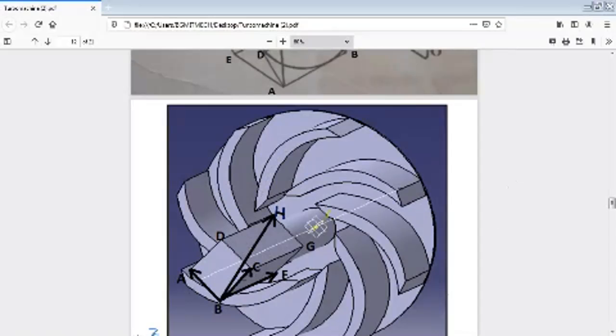Okay, I will draw this. This is the V1, that is, fluid is entering with some velocity. This V1 velocity is entering, and here also V1 will have entry to this inlet.